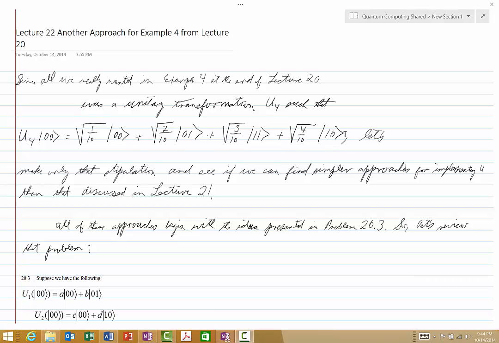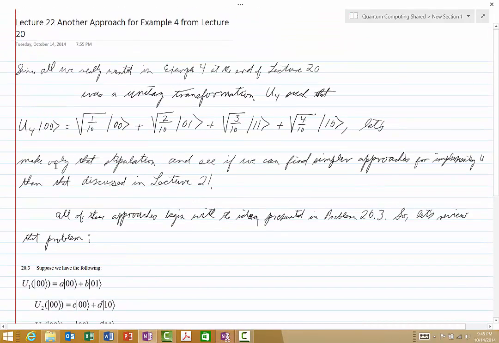Instead of making assumptions about how the transformation U4, which I'm probably going to be calling U most of the time, acts on the other kets, we'll just stick with this one assumption and make no assumptions about how it acts on the others.